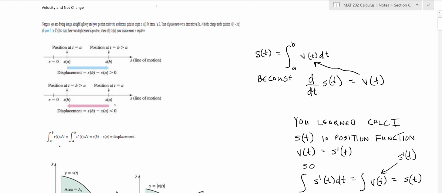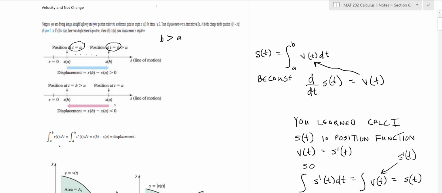Let's look at this diagram and talk about what this means. s equals 0 is just your starting position. That could be the origin or some reference point. a is a time, maybe 1 second, 2 seconds, whatever. b is another time, and b is greater than a, so it's a later time. The displacement is just the difference in these function values, s(b) minus s(a).